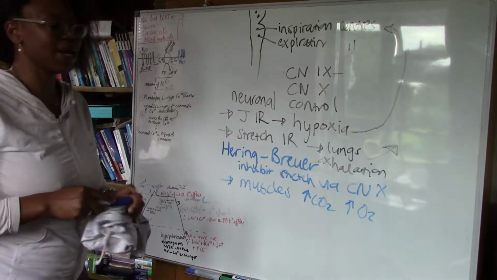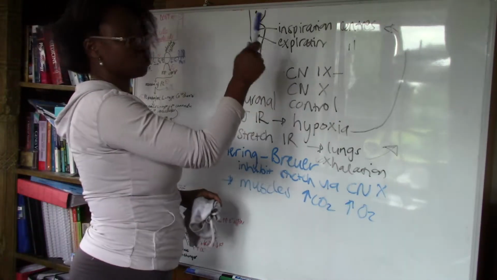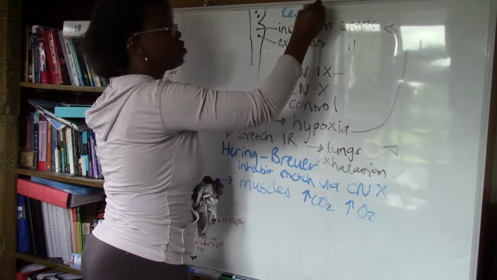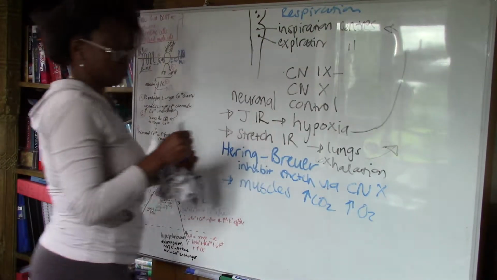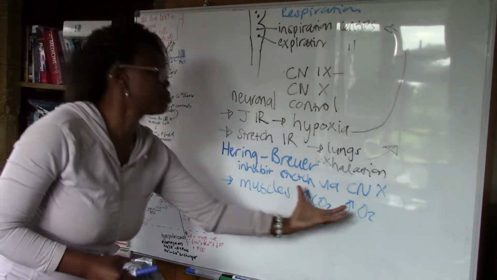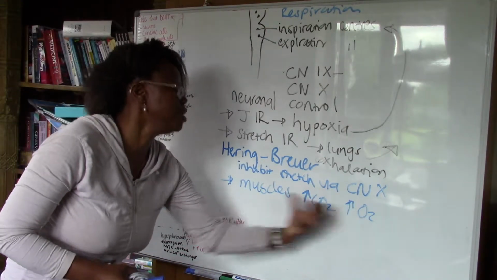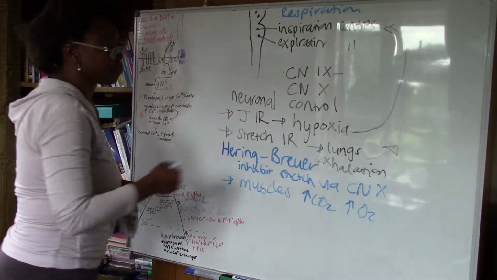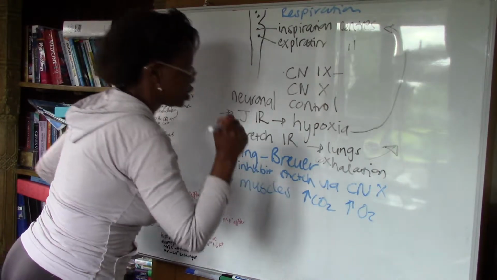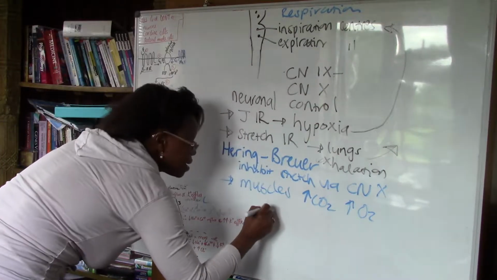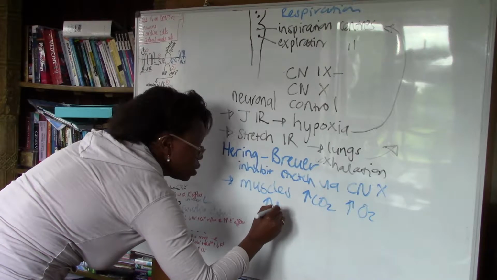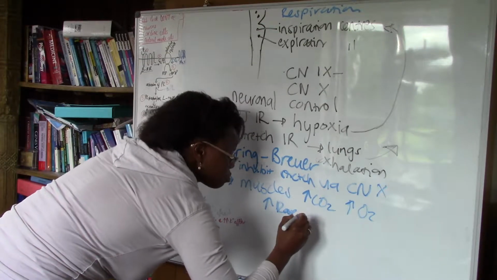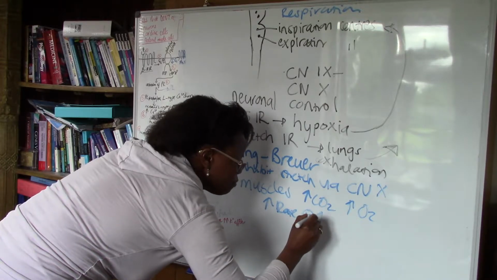As that happens, it sends impulses to the respiratory centers to say we need to correct this and meet the body's metabolic needs. Again, under the glossopharyngeal nerve, it causes increased respiratory rate and also increases the force of respiration.